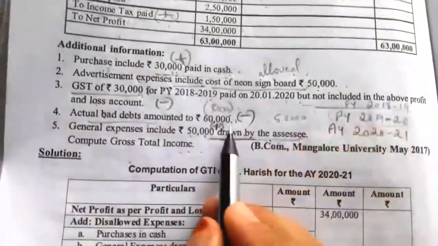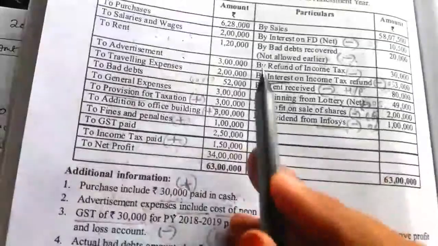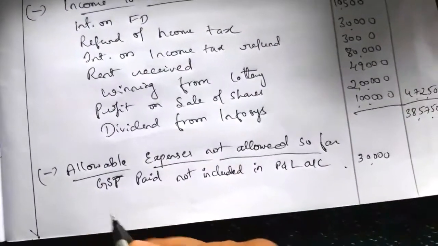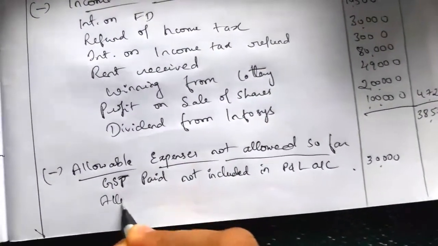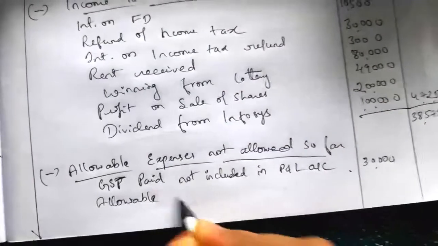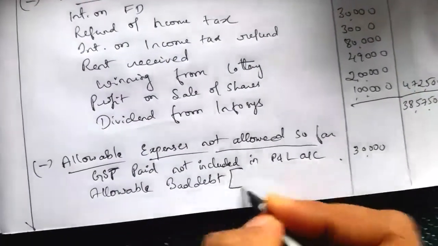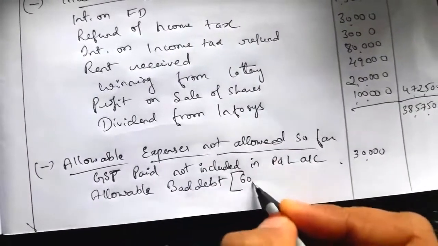Rupees 30,000. So next, actual bad debt amount is 60,000, but they have recorded less. So 8,000 still more bad debt we have to record. So that is nothing but allowable bad debt. Actually bad debt is 60,000.